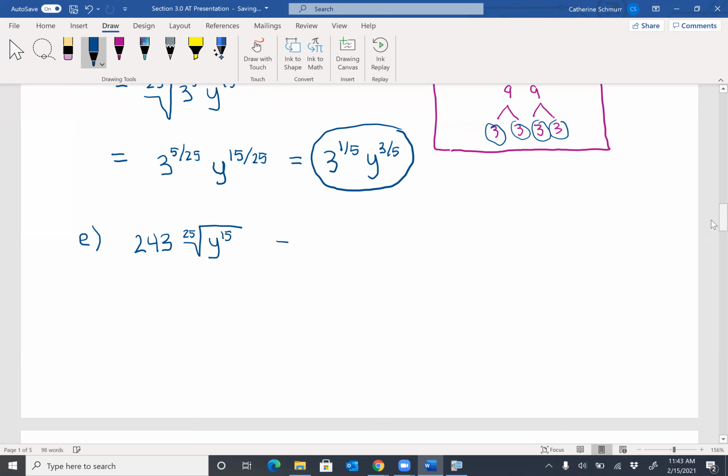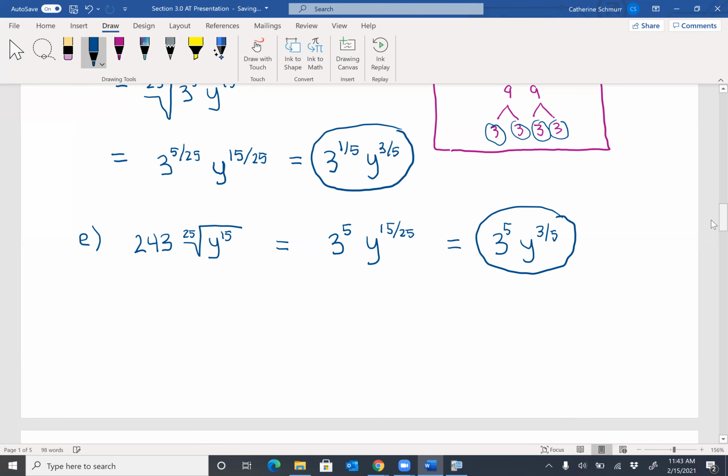Now we have already done the work for this. 243 is 3 to the 5th. We already figured that out above. y to the 15 over 25 is y to the 3/5. We already figured out that as well. So this is going to be 3 to the 5th, y to the 3/5.